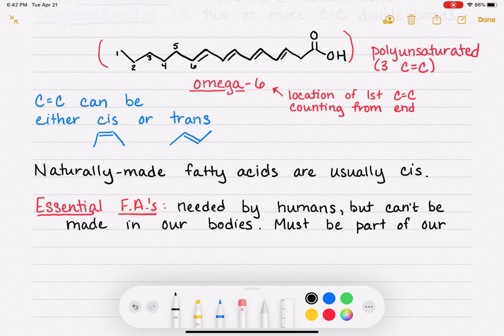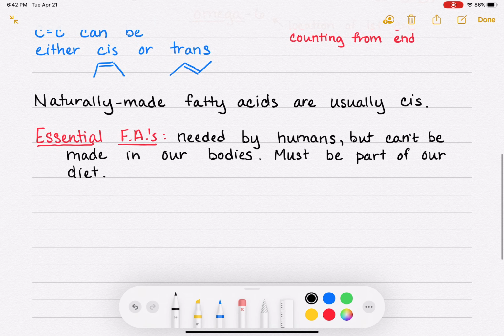This isn't really something that any of us have to worry about as long as we're not experiencing starvation. Just a normal diet, even a poor diet, we are going to get enough of these essential fatty acids. The essential fatty acids for us are linoleic acid and also linolenic acid.